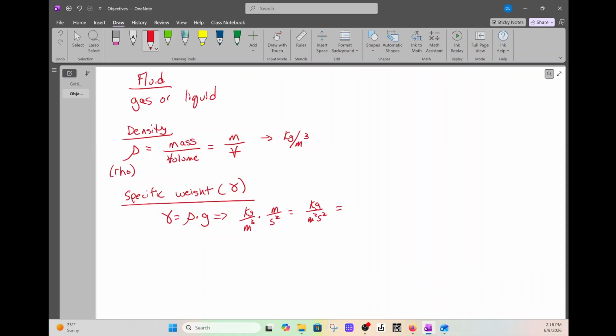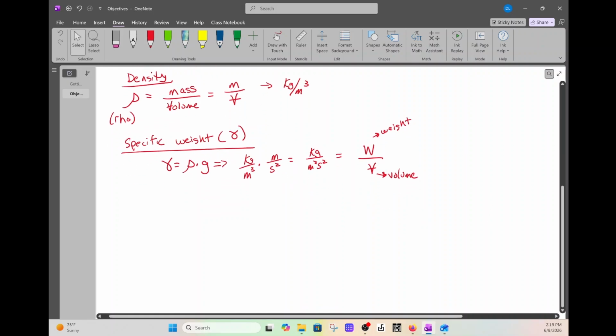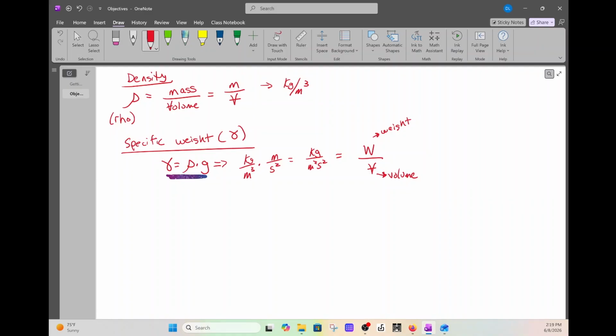This could also equal the weight per unit volume. So this is weight, and this is volume. Okay, just to give you an idea, usually we use this equation a lot, because we have the density and we have gravity.